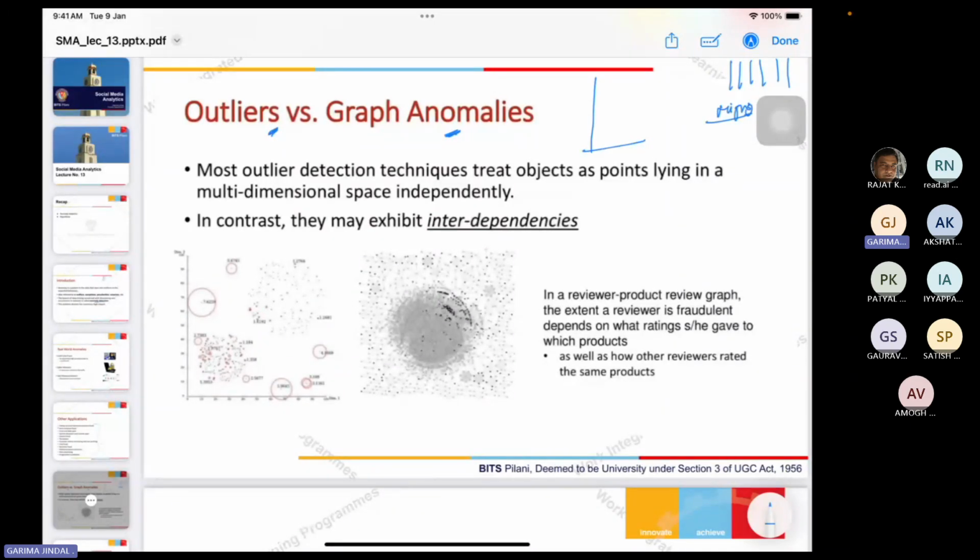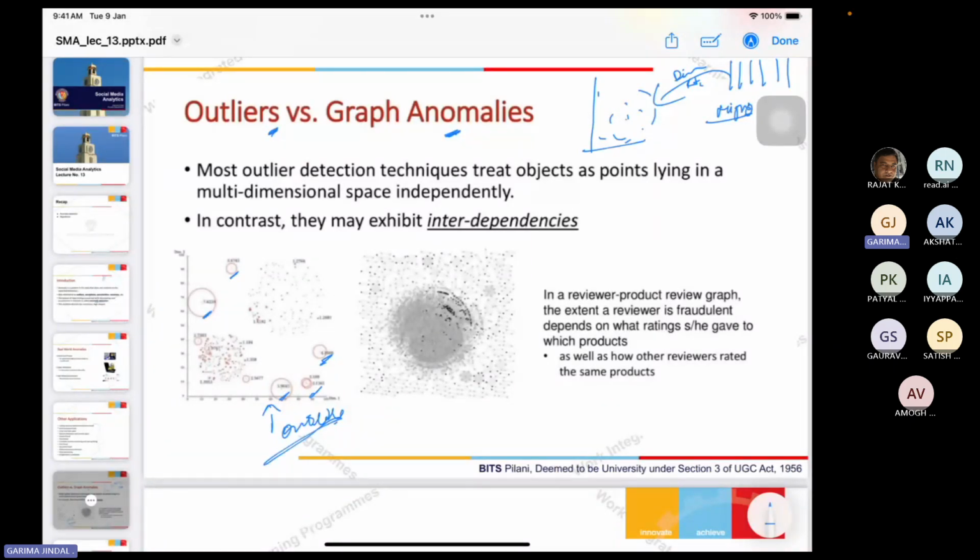What we try to do is plot this high dimensional data into two dimensions using dimensionality reduction techniques. Once we draw the data in two dimensions, we can then identify the points that are behaving differently. This is how outliers are identified in the data.